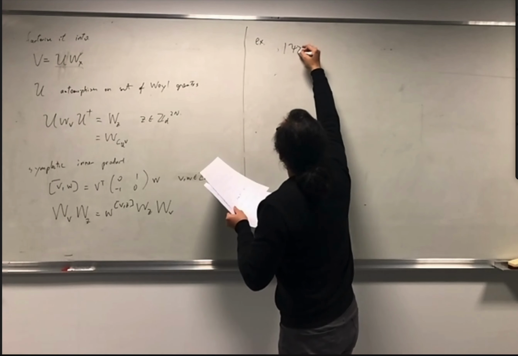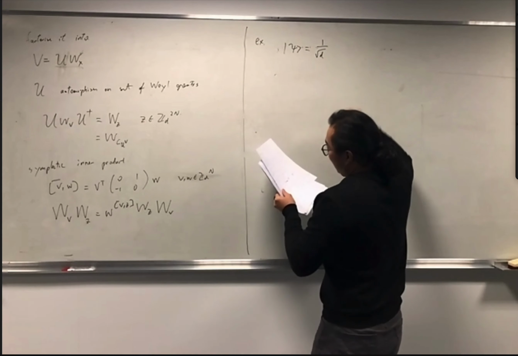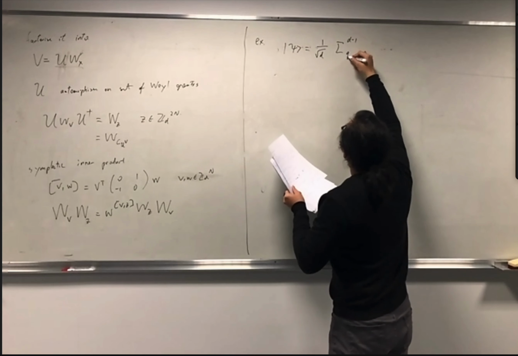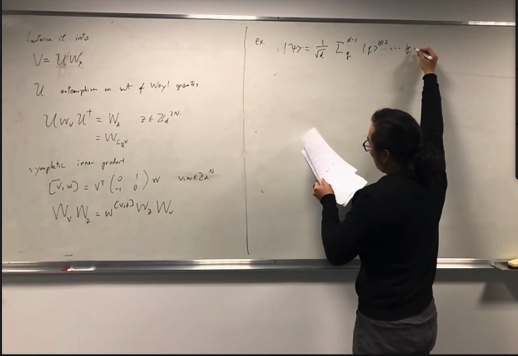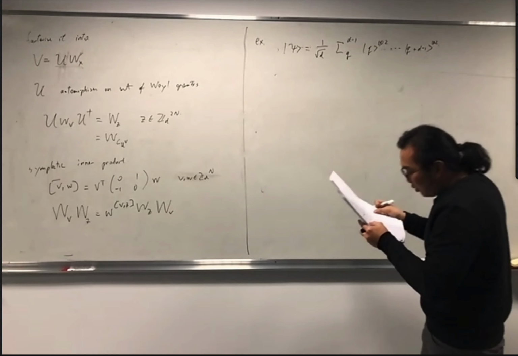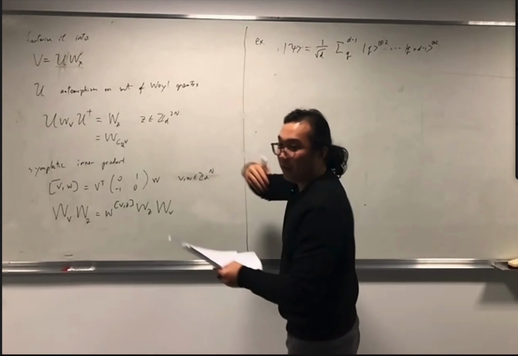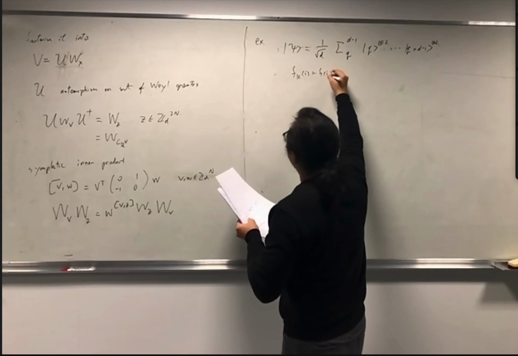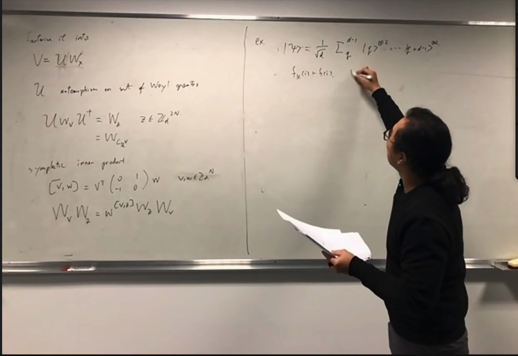We pick our state to be this one: 1 over root D, sum of q, q plus D minus 1, tensor 2. Okay, we pick the state and we need to pick all the f_k functions, remember? And then we pick the f_k to be the same function. We don't care about which k we are talking about. We just take all the k to be the same function.